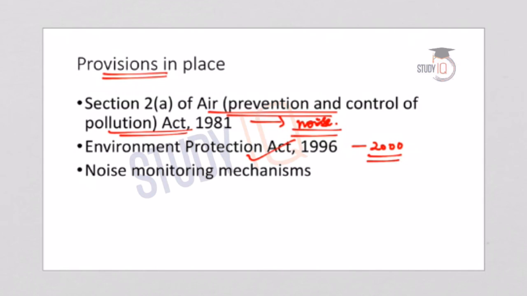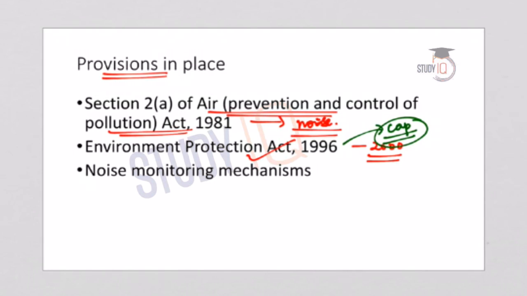So under the Environmental Protection Act, noise pollution control rules were framed in 2000, and the noise control rules specify the ambient standards for different places in respect of permissible noise. So it sets a standard or a cap on what can be the permissible noise in different places.